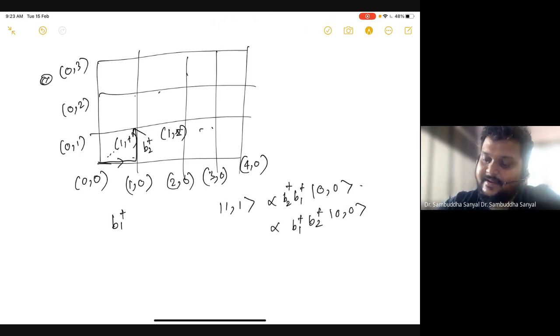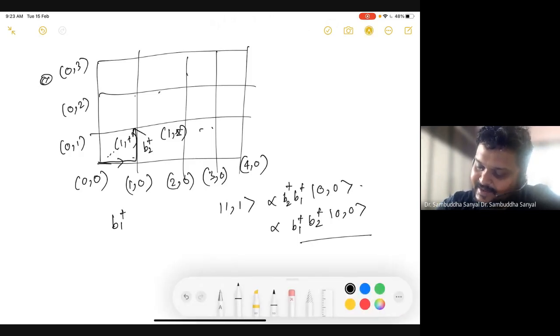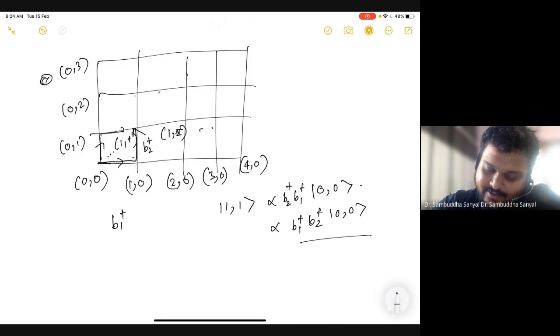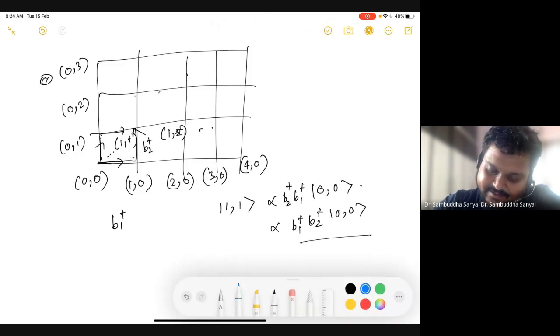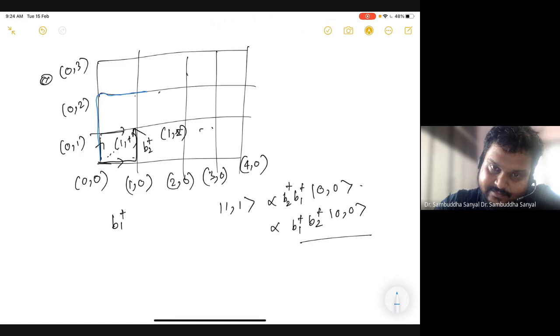They are equivalent because they commute. These two operators commute. Right? Or I can be a little sadistic and go like this. I want to go from here to here.